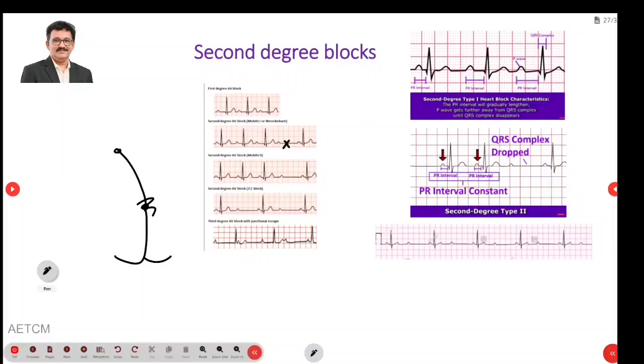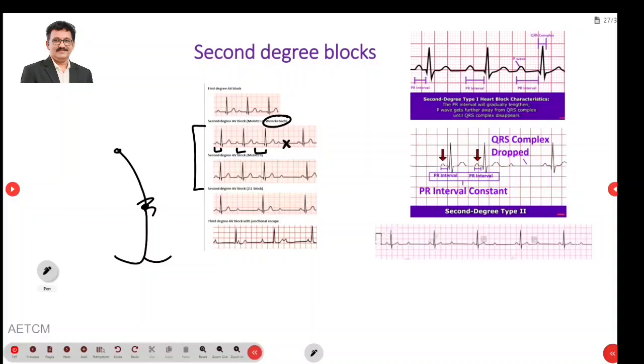Second degree has two types, Mobitz type 1 and Mobitz type 2. Mobitz type 1 is otherwise called Wenckebach's phenomenon. There you can see progressive prolongation of the PR interval and sudden drop of one QRS complex.